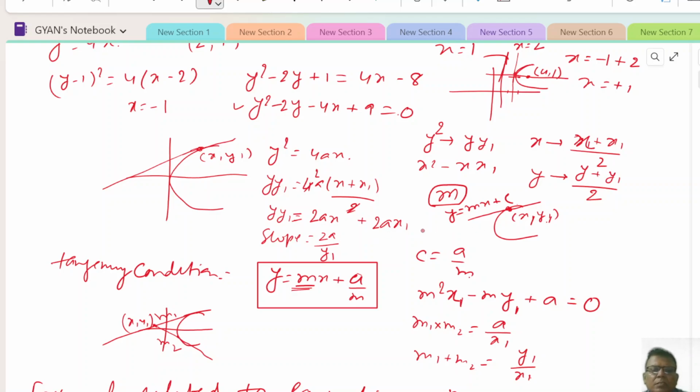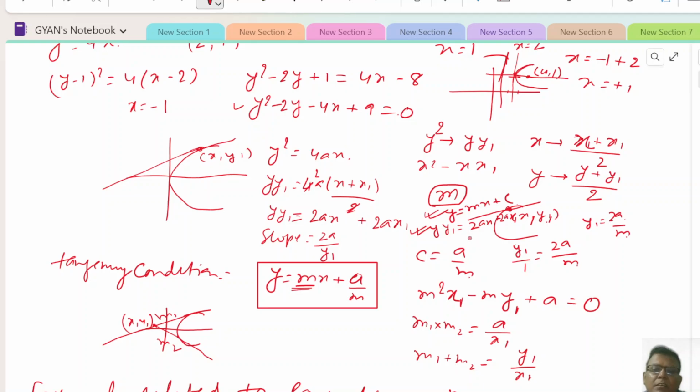So use this one: y y1 is equal to 2a x plus 2a x1. This line and this line are the same. That means y1 by 1 is equal to 2a by m. So y1 is equal to 2a by m.